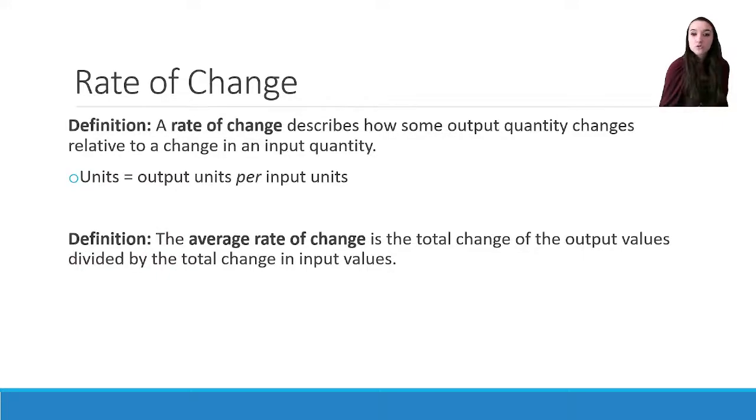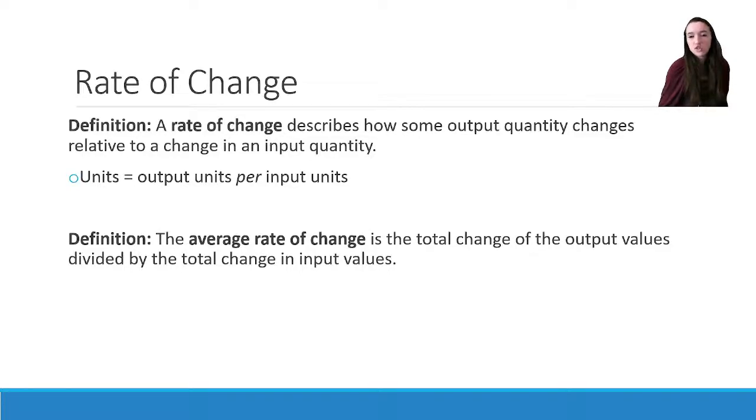But we are also going to see what an average rate of change is, because in a lot of real-world situations, you're not always going to be driving exactly the same speed the whole time. Things change as you go. So maybe you are driving down the highway and sometimes you're speeding up, but sometimes you're in traffic and you get somewhere eventually, but you really don't know how fast you were going the whole time.